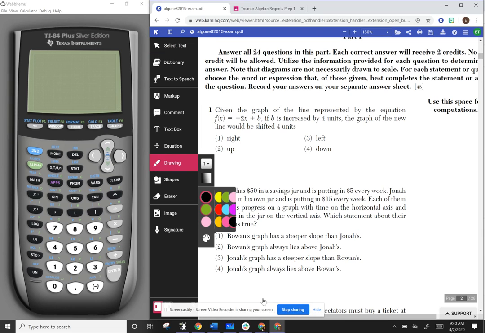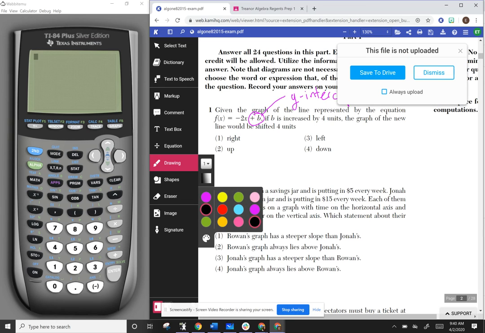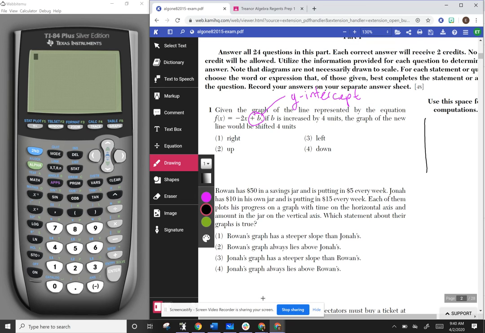Well, we know that b is the y-intercept, and that is where the line crosses the y-axis. So, if we are increasing b, it's going to be increased on the y-axis, meaning that it's going to go up.